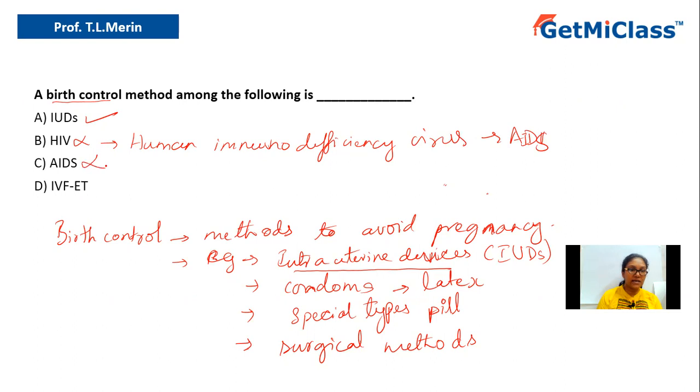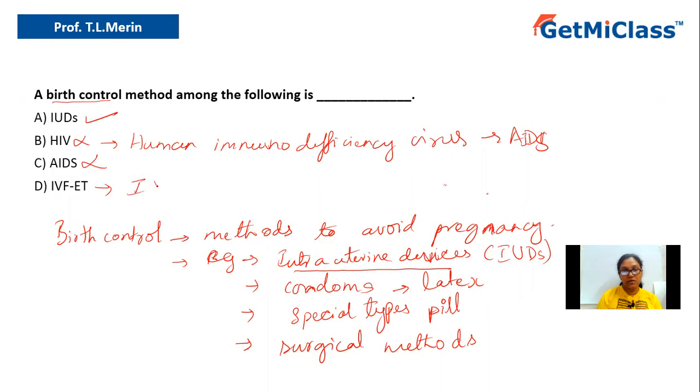Option C says AIDS. This is a syndrome, not a birth control method. It is acquired immunodeficiency syndrome, which is actually caused by HIV. Then option D says IVF ET. It is a method of conceiving. That means it is a method of pregnancy in those couples who are not able to reproduce. IVF is nothing but in vitro fertilization and embryo transfer.